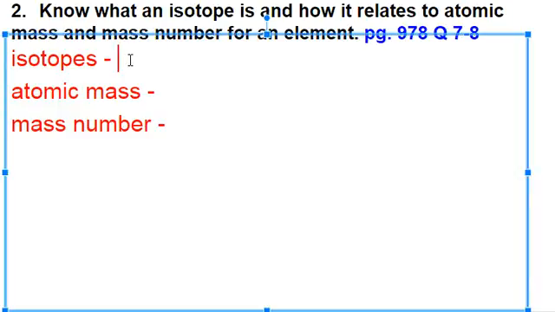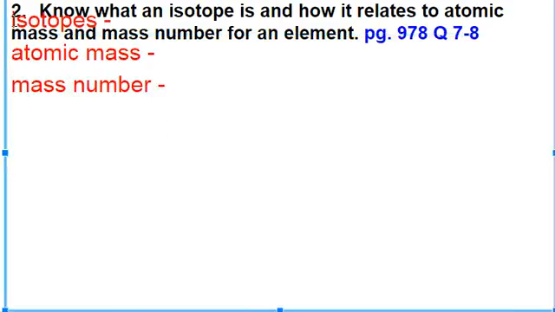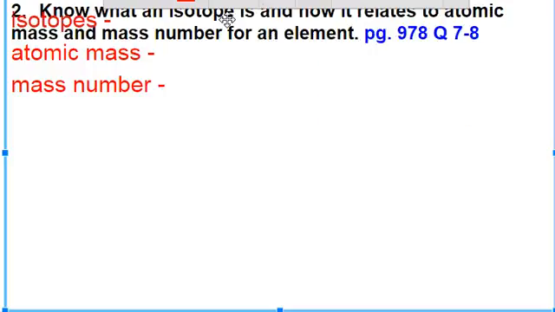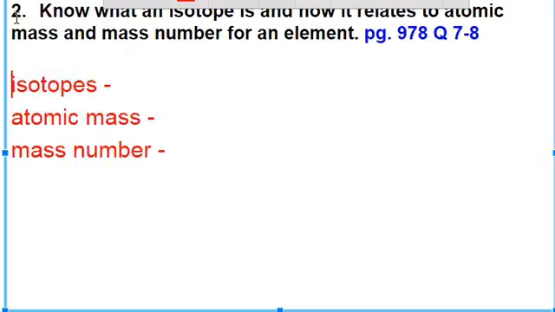So an isotope, someone tell me what's an isotope? All elements have isotopes. Anyone, what's an isotope?